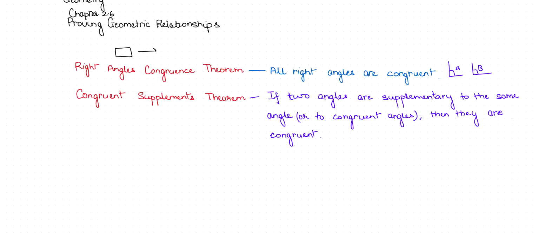So congruent supplements theorem says if two angles are supplementary to the same angle or to congruent angles, then they are congruent. So suppose this is angle 1 and this is angle 2.